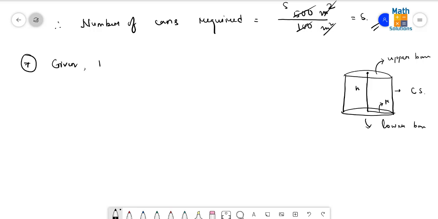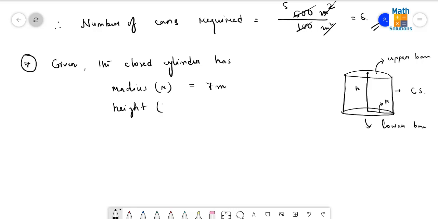Given the closed cylinder has radius r is equal to 7 meters, then height h is given to be 3 meters. So we need to find out the total surface area of the cylindrical tank.